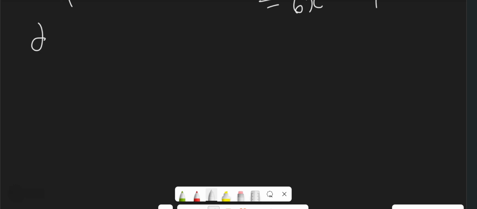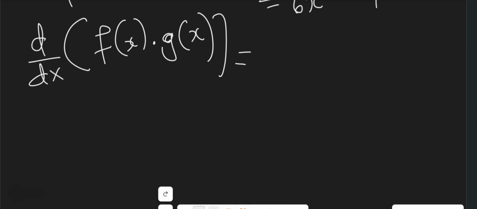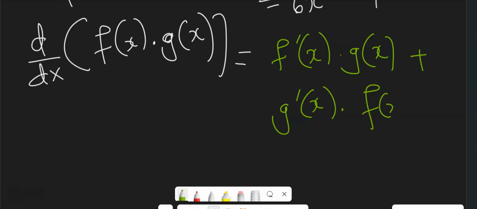So d/dx of f(x) multiplied by g(x) should be f'(x) multiplied by g(x), then plus g'(x) multiplied by f(x).